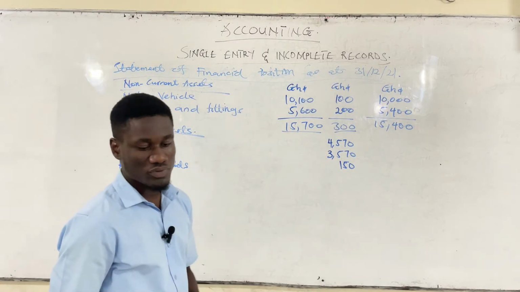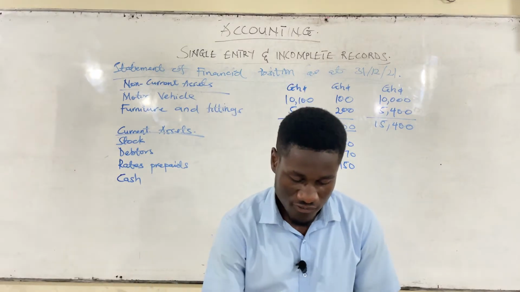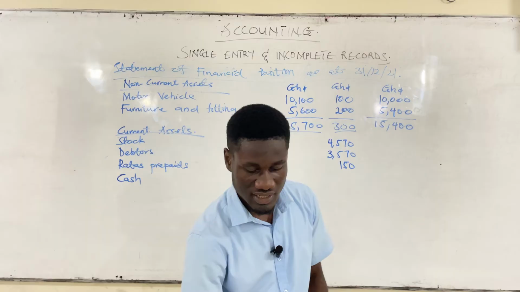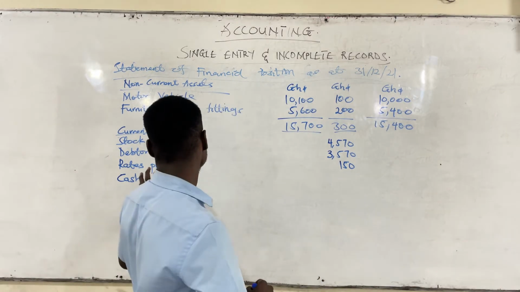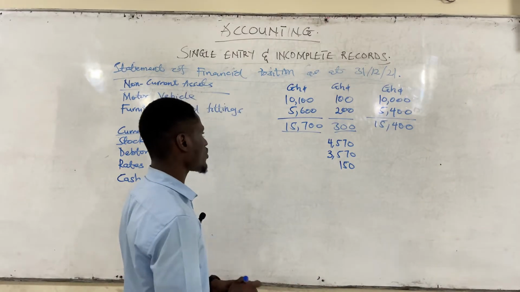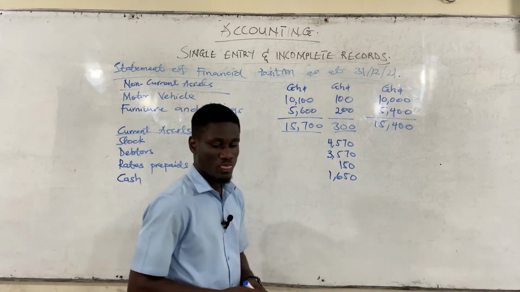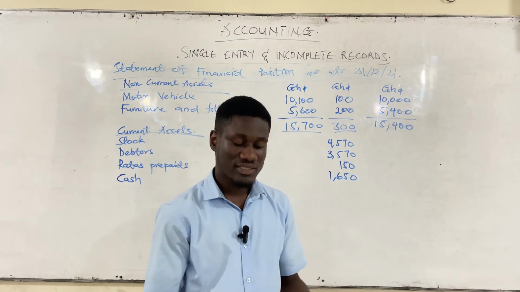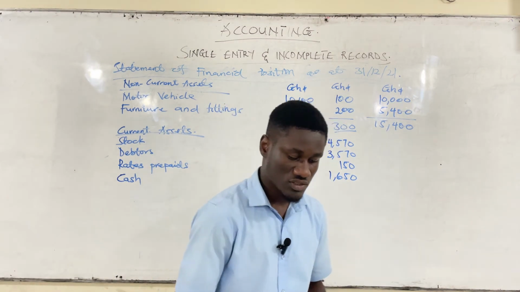Our cash, when we computed for cash, you can see that we had cash drawings of 1,200, and the cash balance carried down was 1,650, which is already in the question. So we just write the 1,650 there. We are just carrying the balance c/d into the balance sheet. Good.